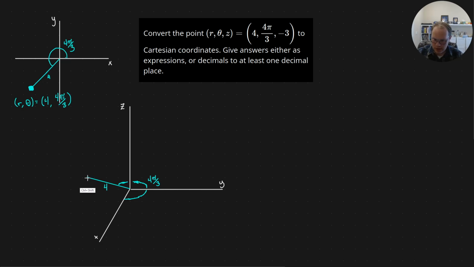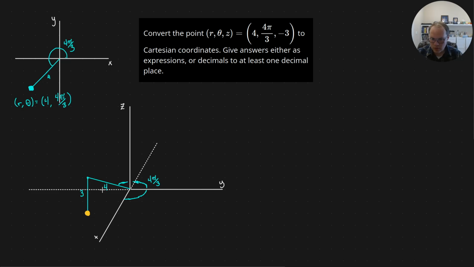So now go straight down 1, 2, 3 units. I end up with this point down here. So hopefully you can kind of see where that is. It's behind the x-axis here, or I'm sorry, the y-axis.